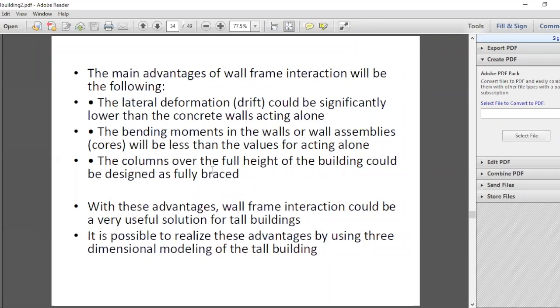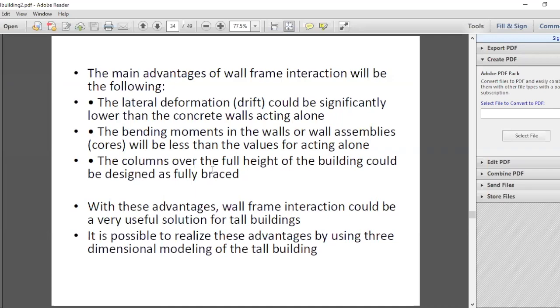So if you consider the topmost floor of a 2-story building and a 40-story building, what do you think? This is a top floor. In a 2-story building, what is the column size that you use in the top floor?